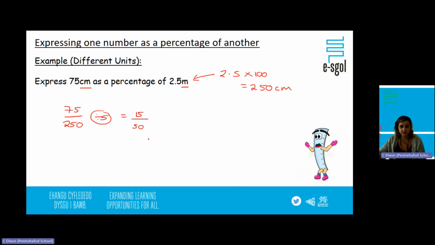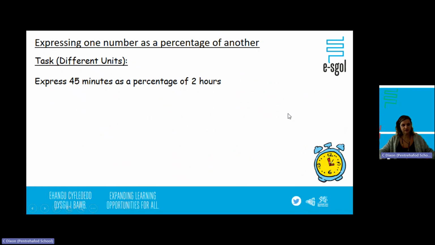Now, I could sit there and use the bus stop now, but I know I can get 50 to go into 100 by doubling. So if I now double the numerator and denominator there, I'm going to have 30 out of 100, which means the answer was 30%. Okay, so 30 is our numerator, remember, from there. Okay, so can you pause the video and try that next question regarding time, please?